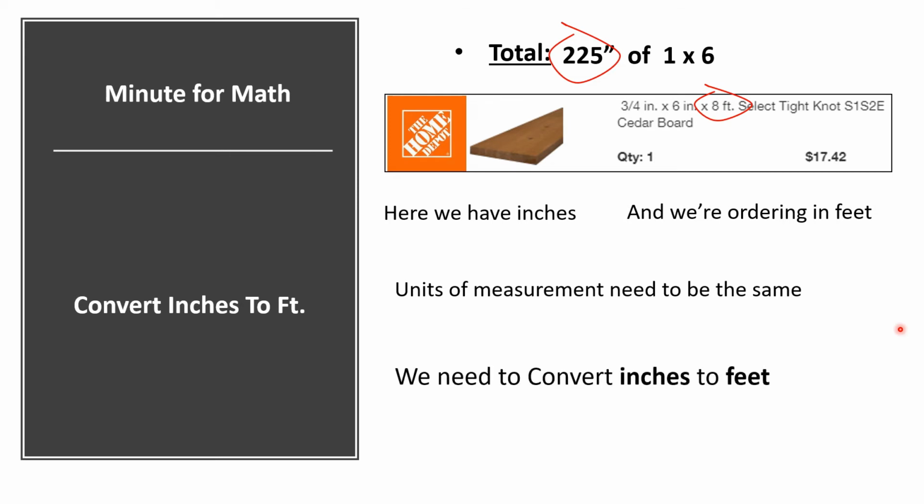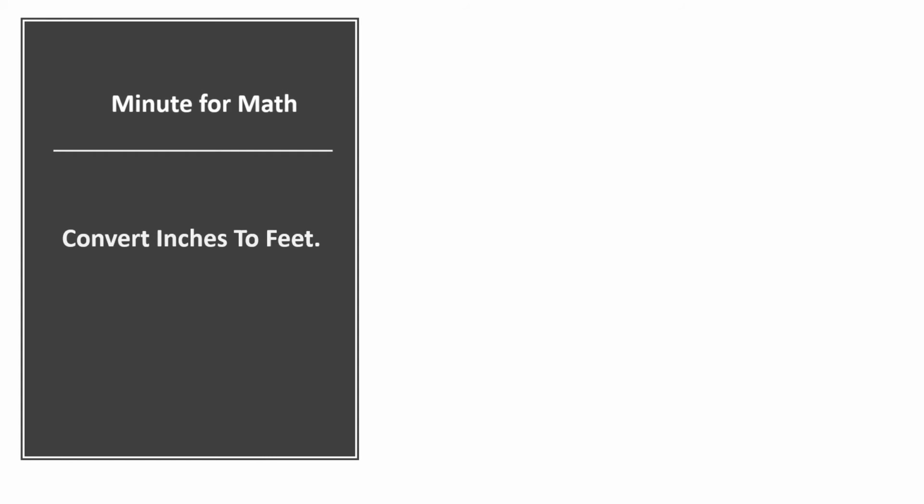All right, so in this situation, we need to convert inches into feet so that the units of measure will be the same. We want everything to be feet in this situation so that we have common units of measure. So how many feet is 225 inches?